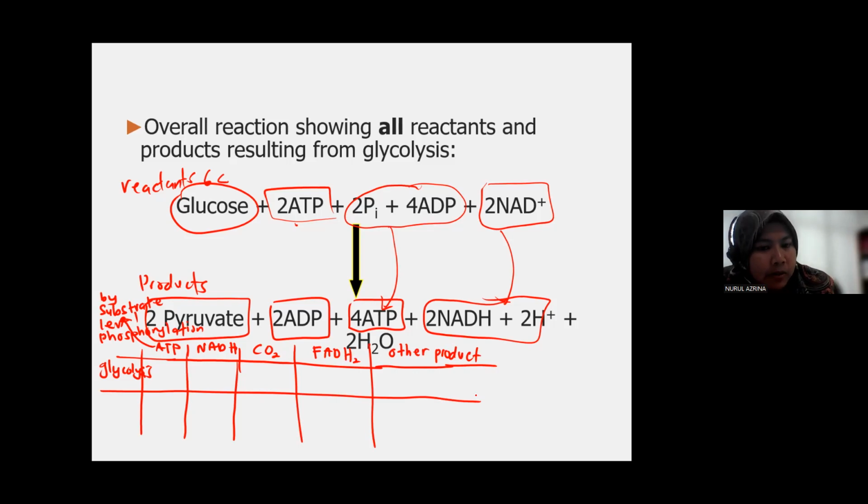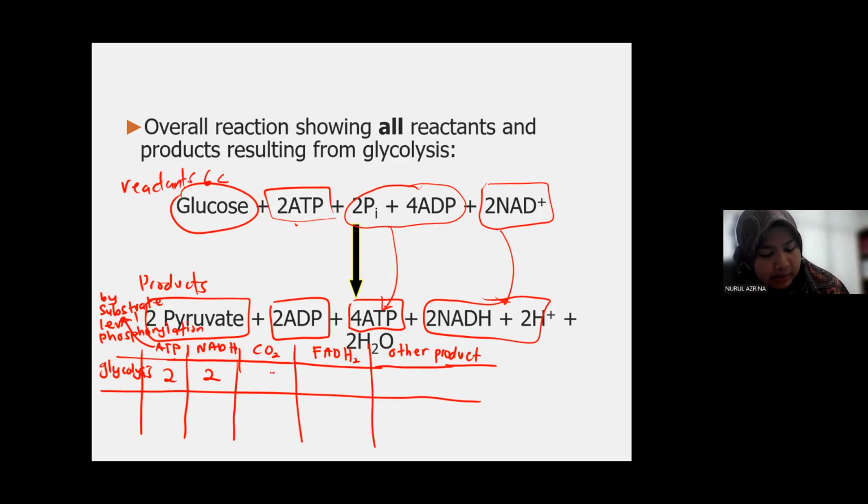Alright, so for glycolysis, how much ATP net, kena kira net yang bersih. So remember, 4 daripada energy payoff, 2 daripada energy investment. So 4 tolak 2, 2 net. Okay. So how many NADH do we get throughout glycolysis? Kita dah tengok tadi, we get 2 molecules of NADH. Okay, is there any carbon dioxide released during the process?